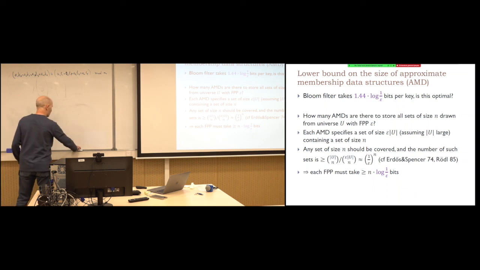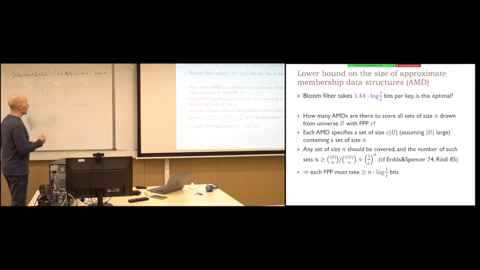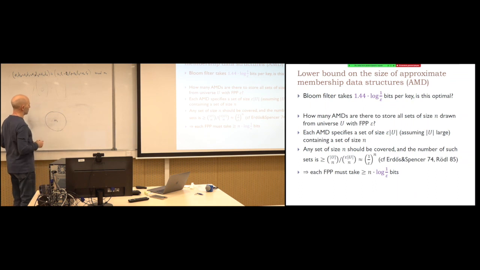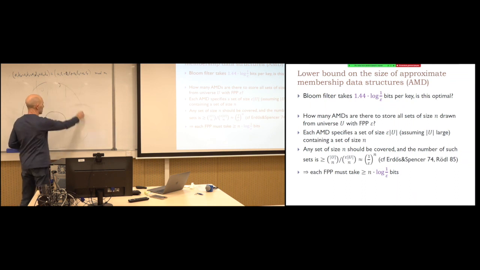We have a set of n objects for which the Bloom filter answers yes, but it also answers yes on some other objects. This is our universe, which is huge. So we have different sets of n objects, and for each set we construct a Bloom filter.